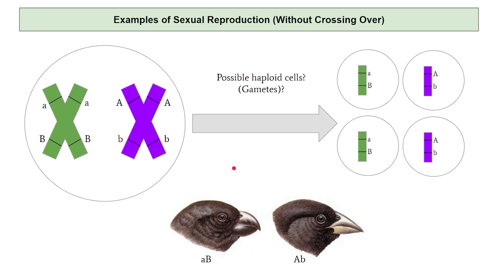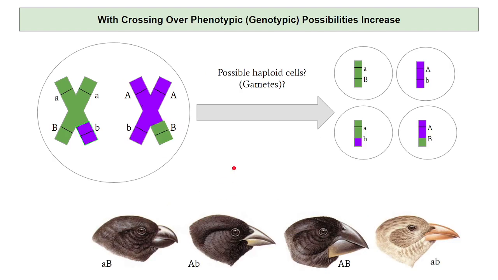Now, how would this change with crossing over? Well, let's say that crossing over does exist. And what happens is this B allele, or this B trait, is exchanged between the homologous chromosomes. And then we go through meiosis 1 and meiosis 2, and what we can see here is that our possible haploid cells have changed.